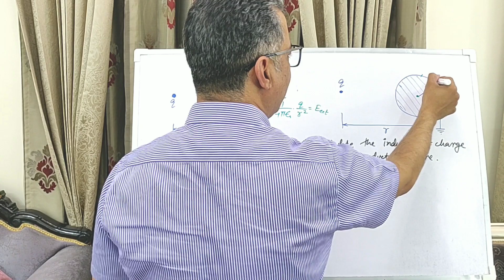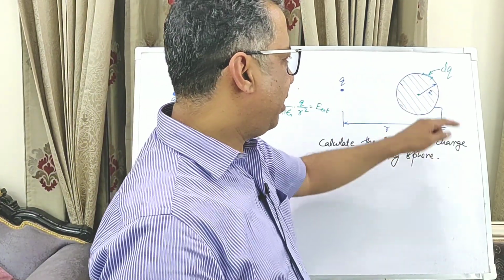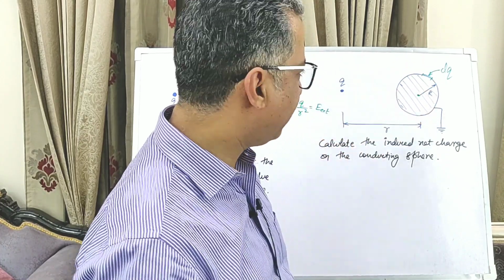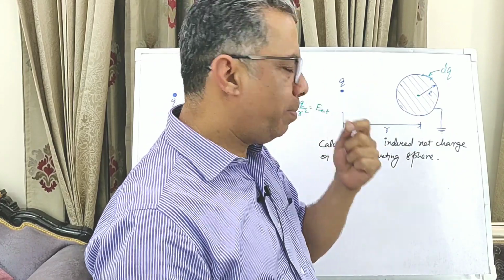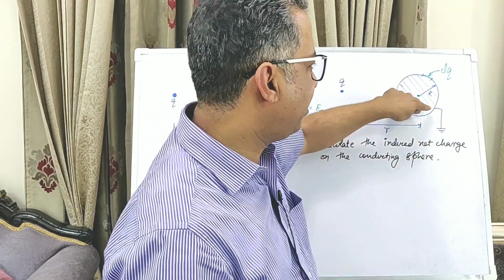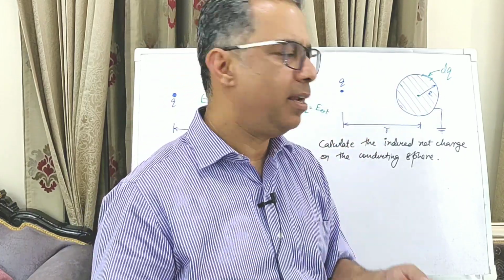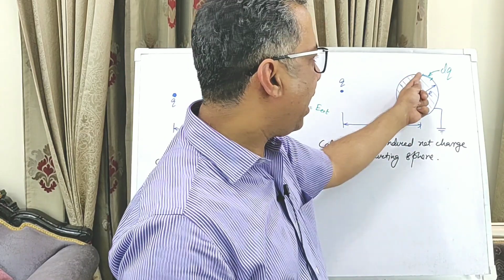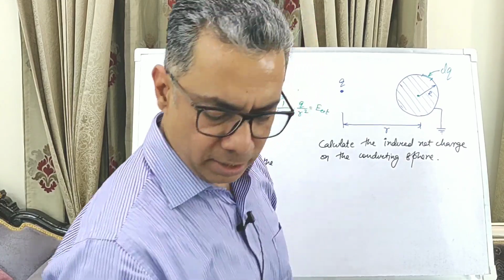Now I'm interested in calculating the potential due to the induced charges at the center here. So in this problem what we are discussing is the net amount of charge that appears on this conductor after it has been earthed. To make this calculation, I assume there is some net charge Qi on the surface of the conductor, and this tiny part of the conductor has a small amount of charge dq on it.